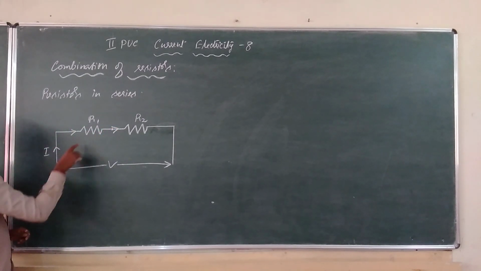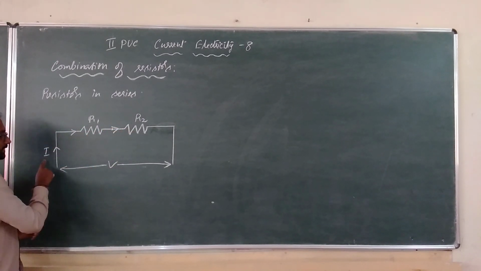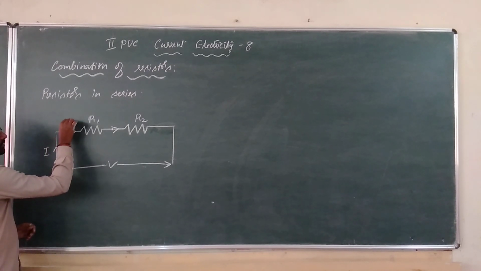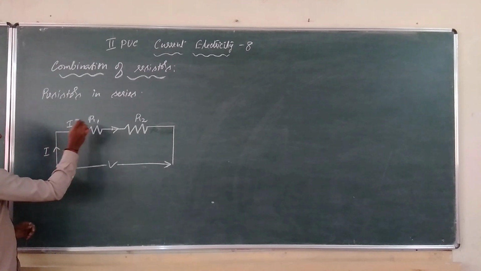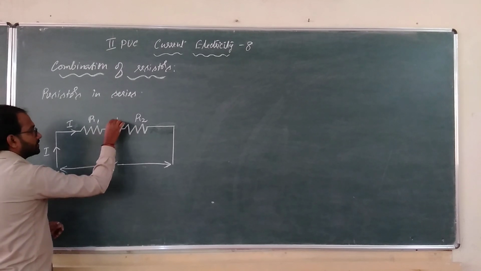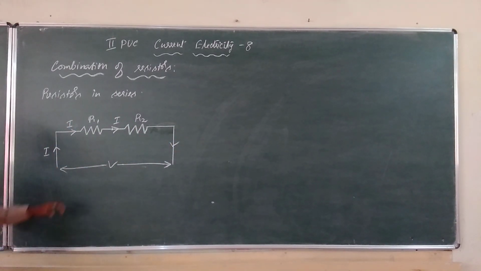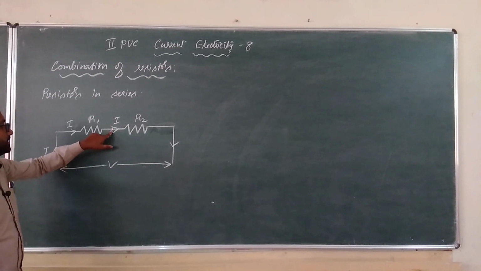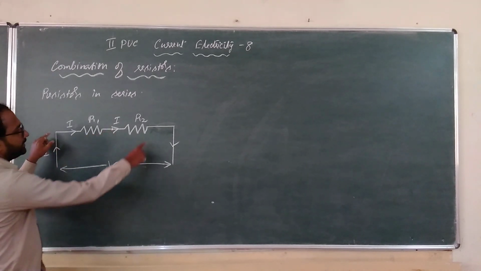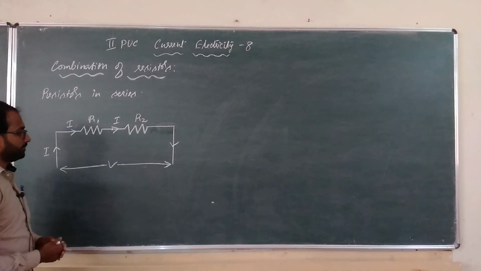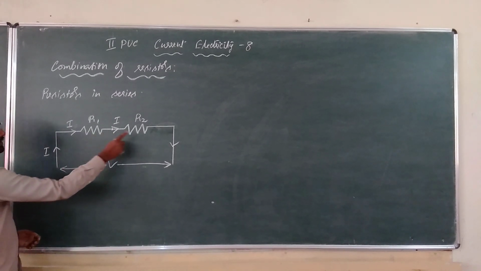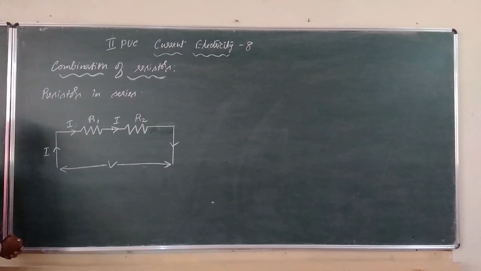If the current drawn by the combination from the cell is I, the current flowing through R1 is I, and the current flowing through R2 is also I. So we say that the resistors are in series combination.